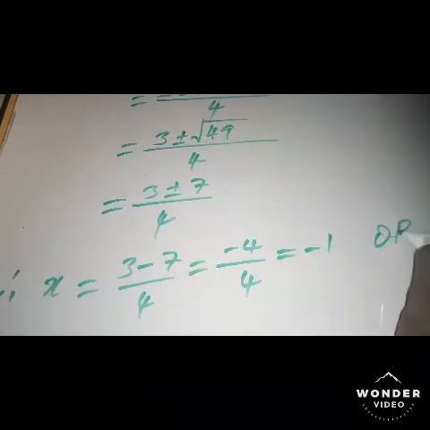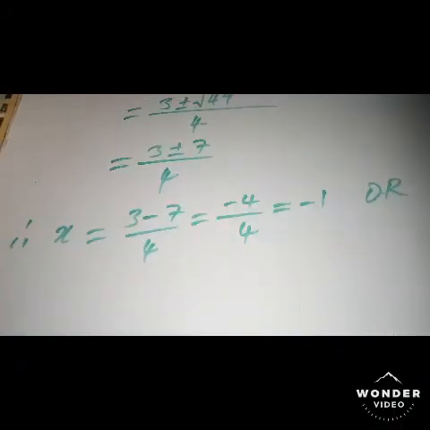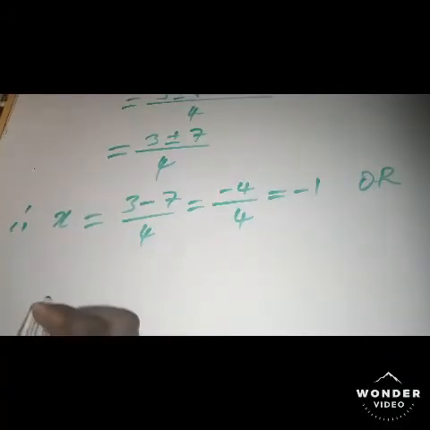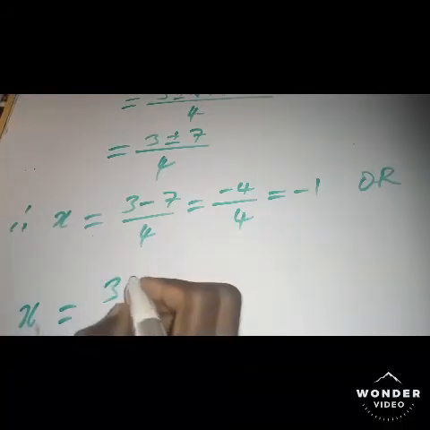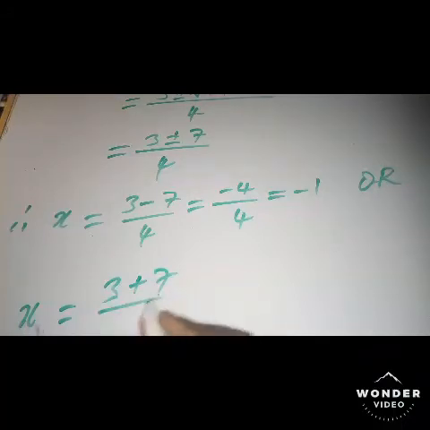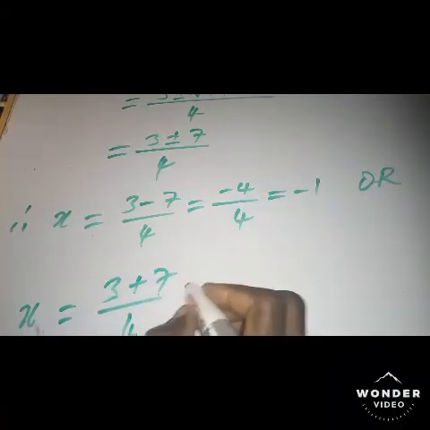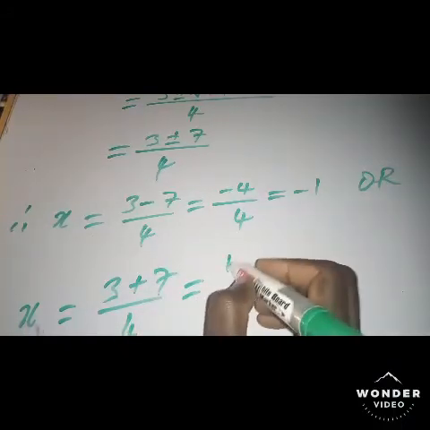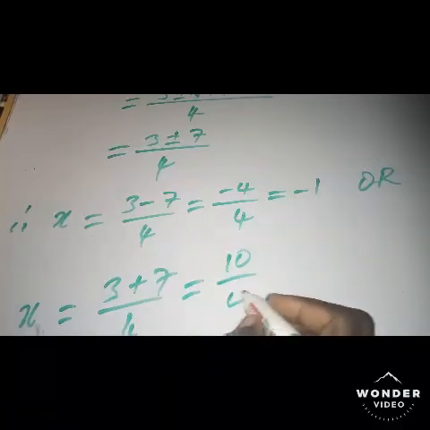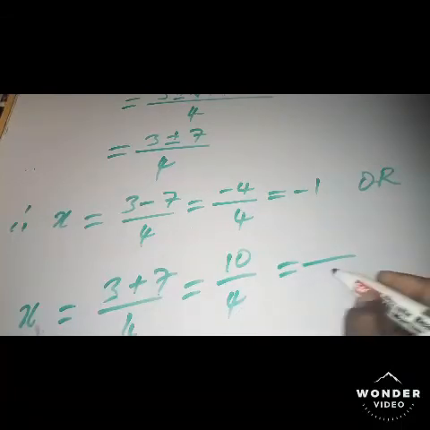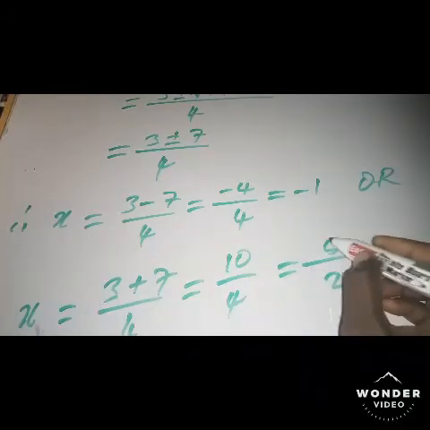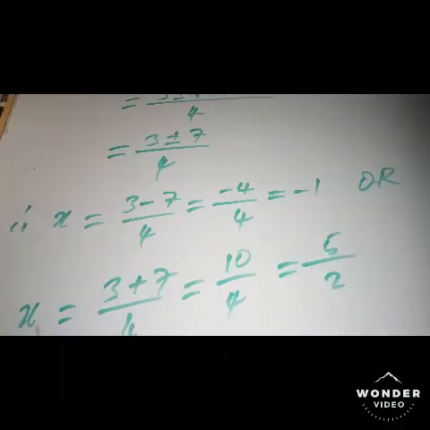Or, since you have two distinct roots of x, x equals 3 plus 7 all over 4, which is equal to 10 all over 4, which is equal to 5 over 2.